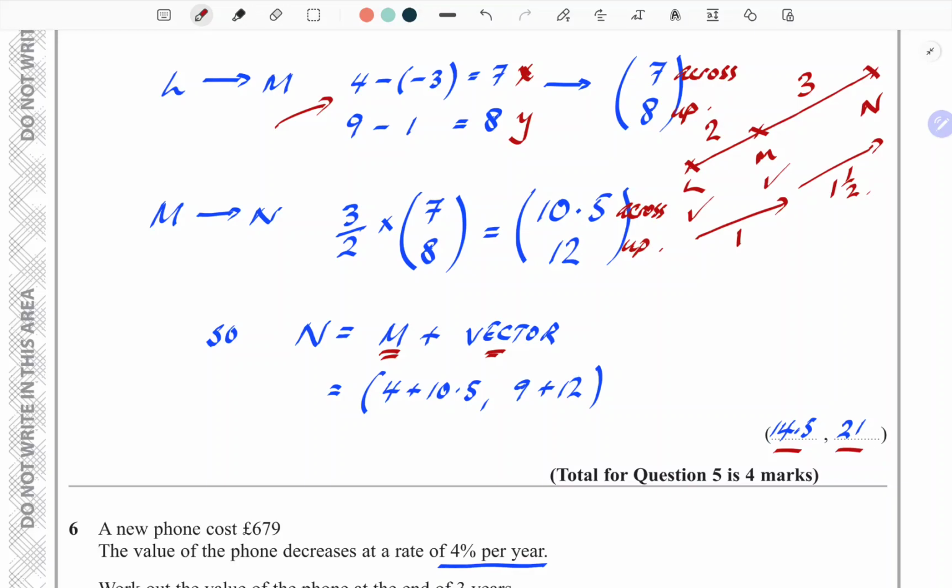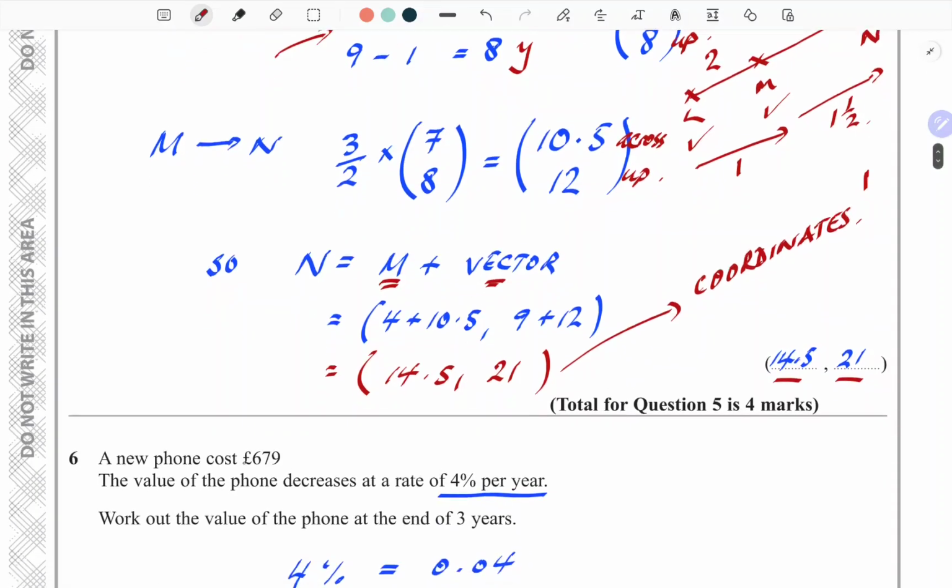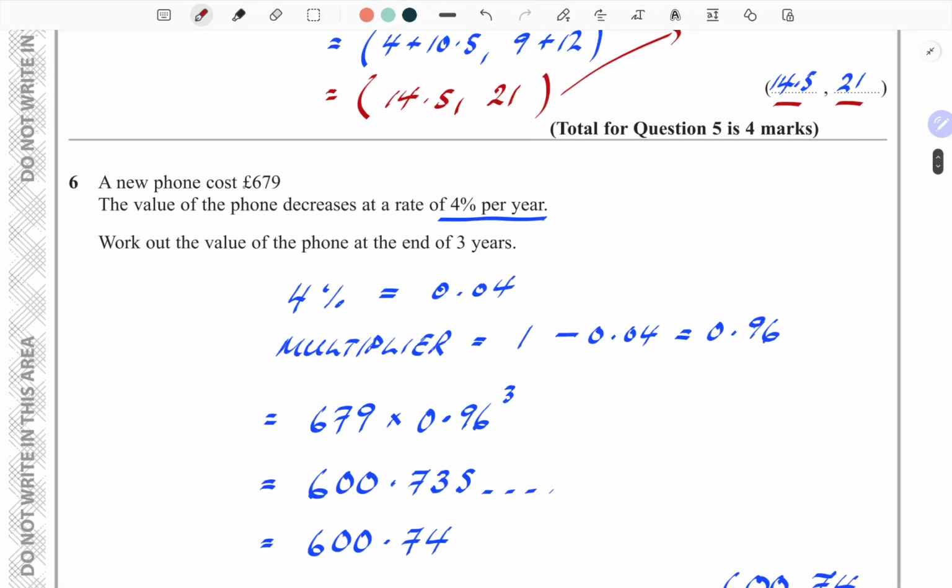So the coordinates of N are 14.5, 21. Let's write it like this. And remember, they want coordinates, not a vector, so it's got to be written horizontally. Okay, hopefully that's clear.